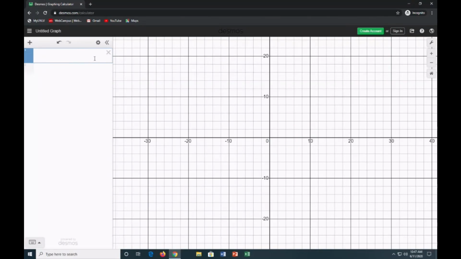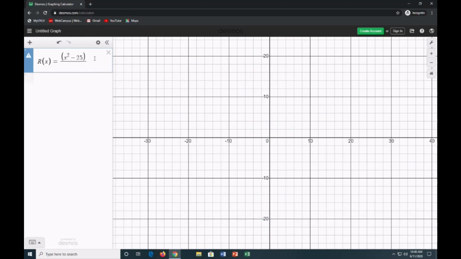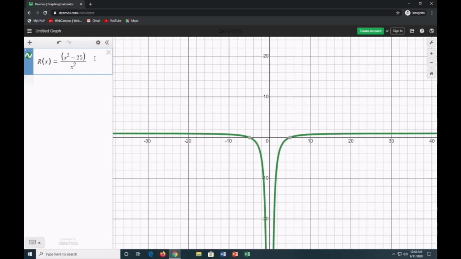Okay, so here I'm going to first plot the rational function, which was x squared minus 25 divided by x squared, like that.